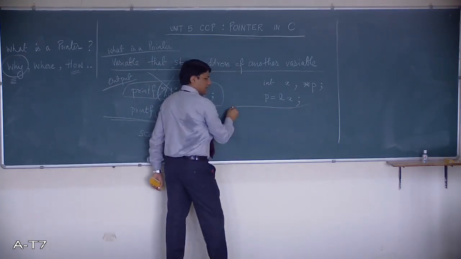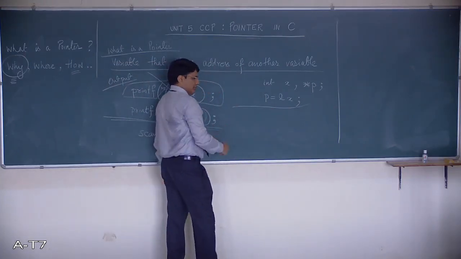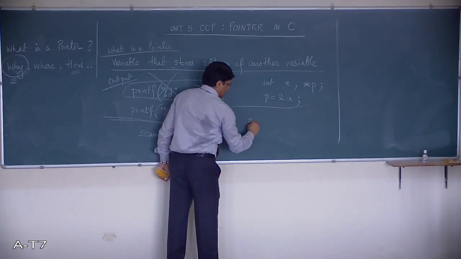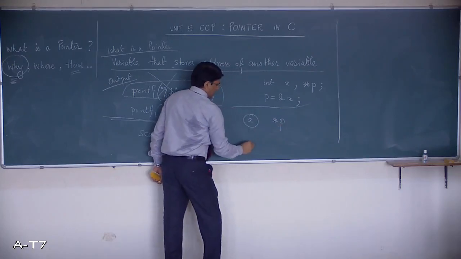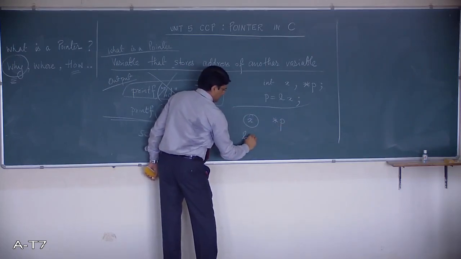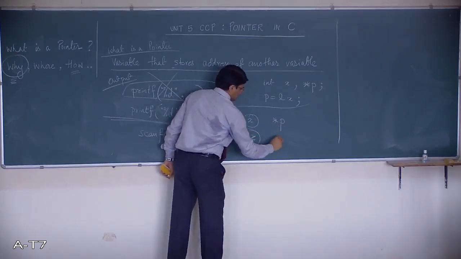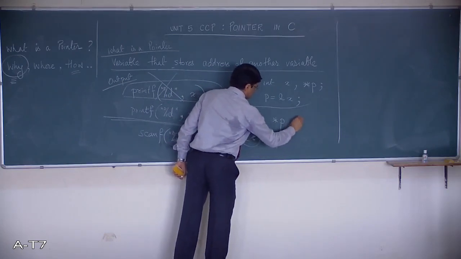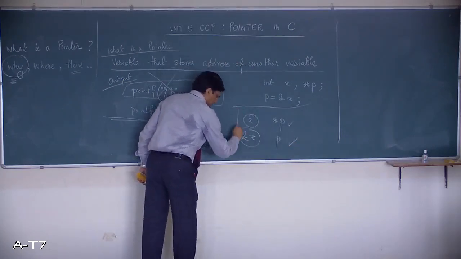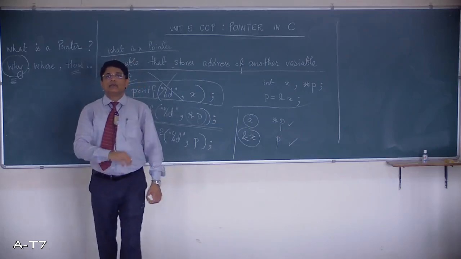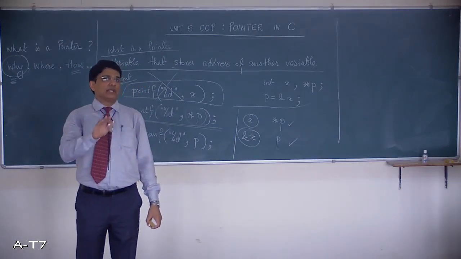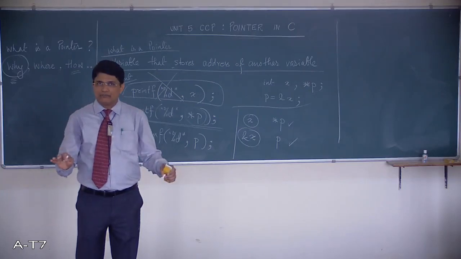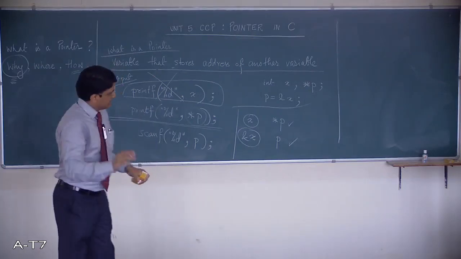In other words, once this is done, in our program, whenever we want to say x, we can write star p, and whenever we want to write ampersand x, we can write p instead. And in our program, we are not going to use the name x or ampersand x at all.